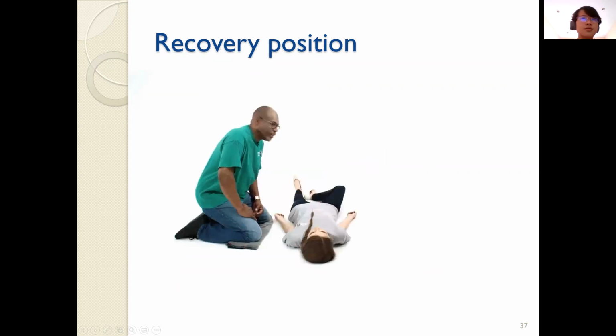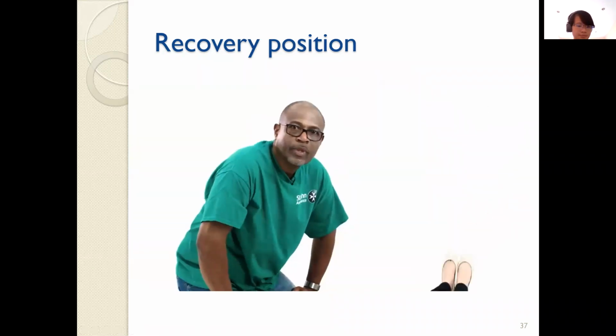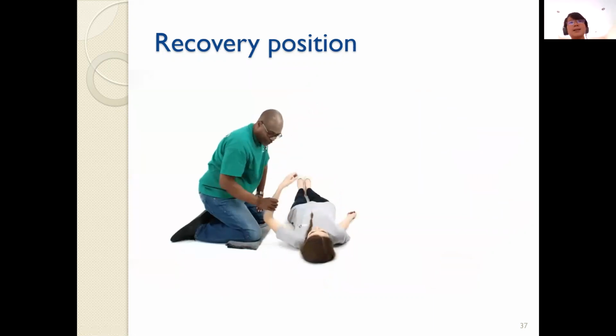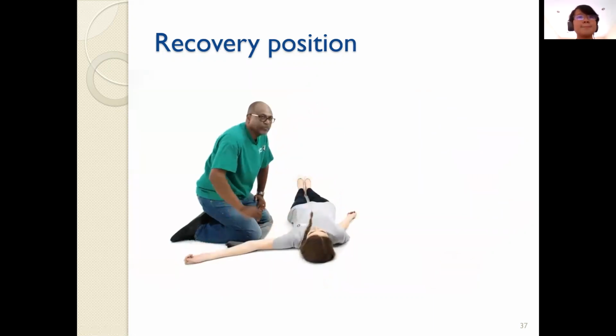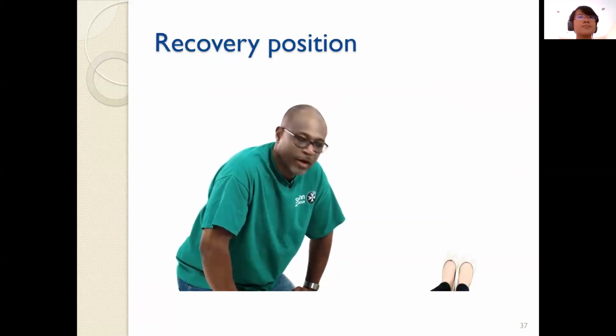His legs are straight. Then take the arm nearest to you and place it at a right angle to the body with the palm facing upwards, like so. Take the other arm and bring it across their chest and place the back of their hand against their cheek nearest to you and hold it there.